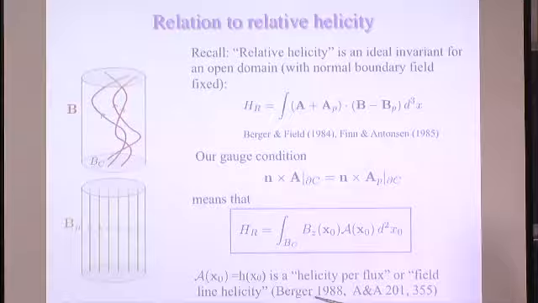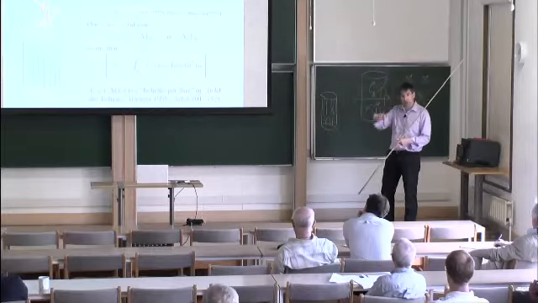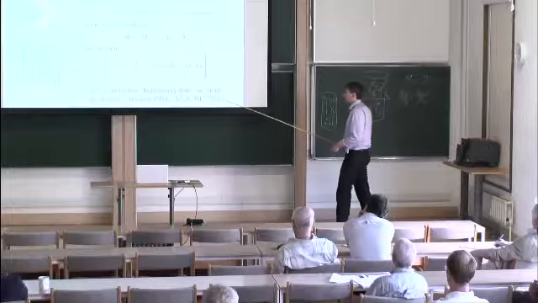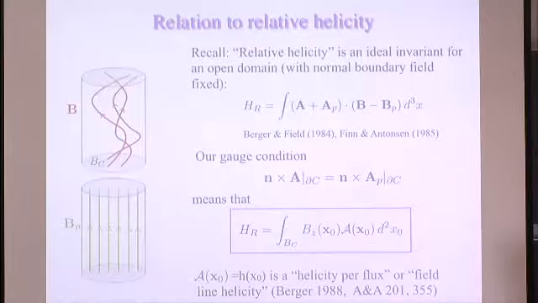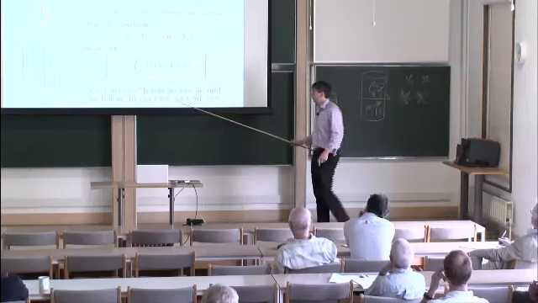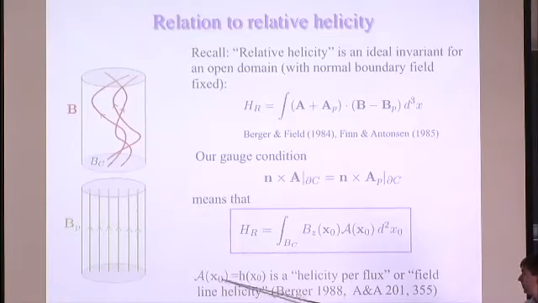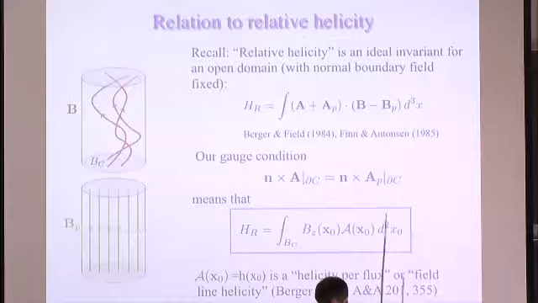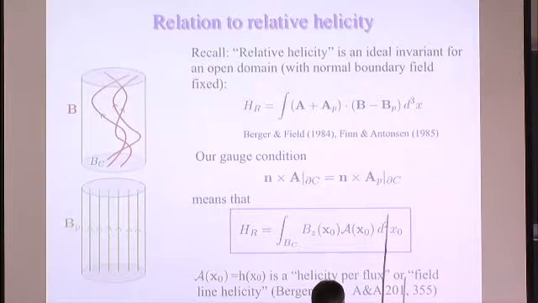And Mitch Berger came to a similar expression in a quite different way, averaging over winding numbers in a field. He ended up with a similar expression, where he can show that this Hamiltonian action is actually the same in this case as his helicity density.